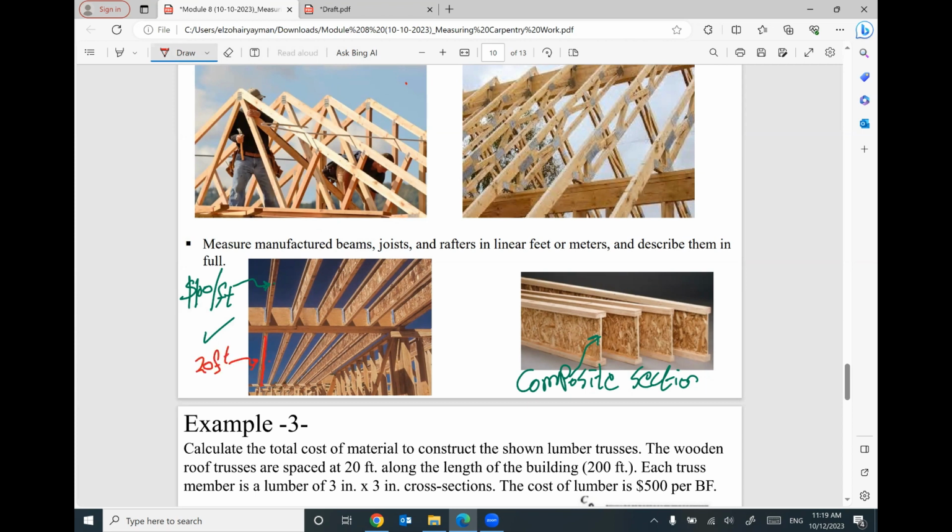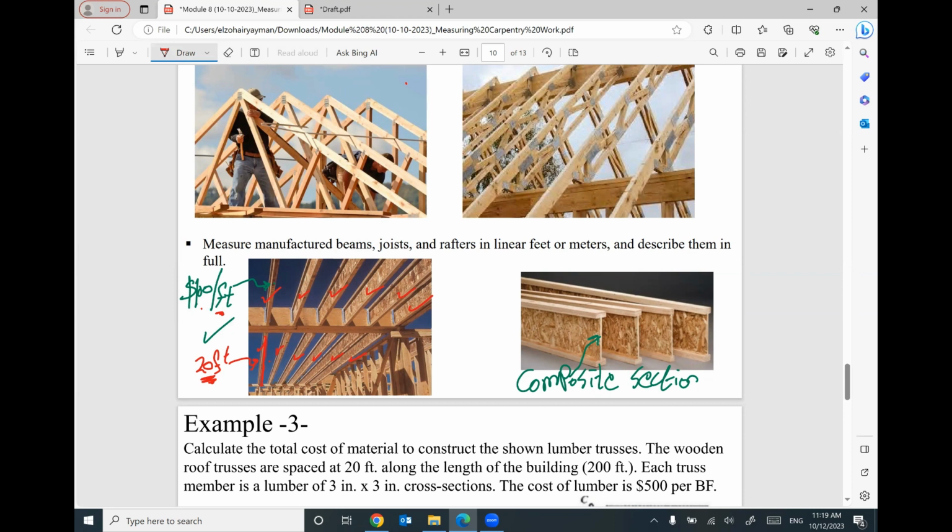And this piece is repeated many times. 1, 2, 3, 4, 5, 6. And we have another 6 here. So the total is 12. And each is 20 feet. So the total will be 240 feet. The cost for 1 feet equal $100. So you need to multiply 240 feet by $100. You can get the total cost.